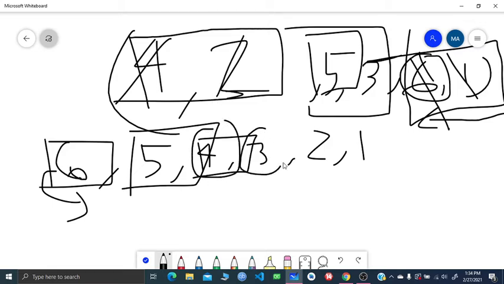Now, if I then try to find out the group of 3, I will notice that it has already been taken by the group of 5.